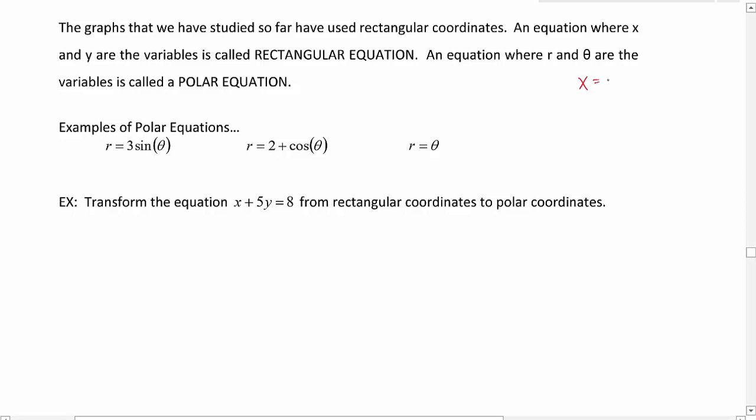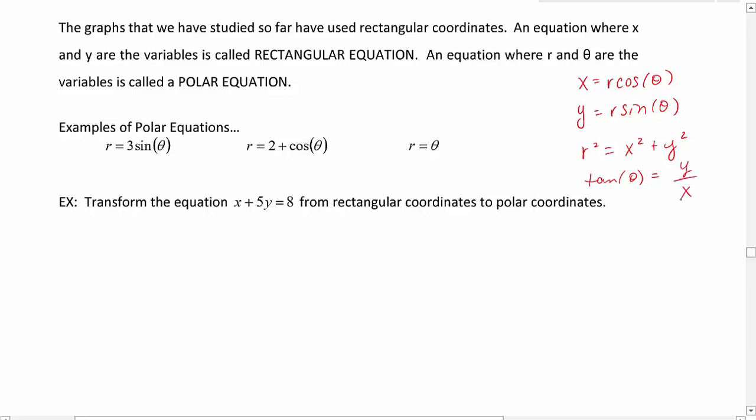We have that x is equal to r cosine theta, y equals r sine of theta, r squared equals x squared plus y squared, and lastly, tangent of theta is equal to y over x.